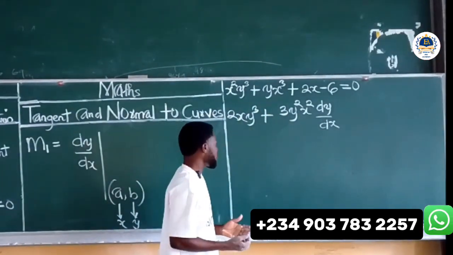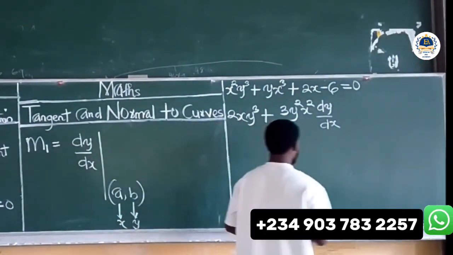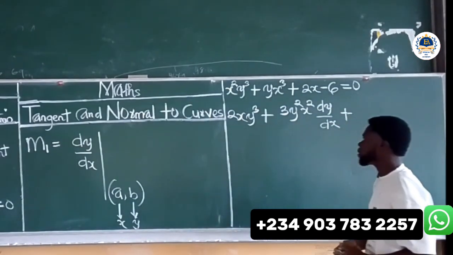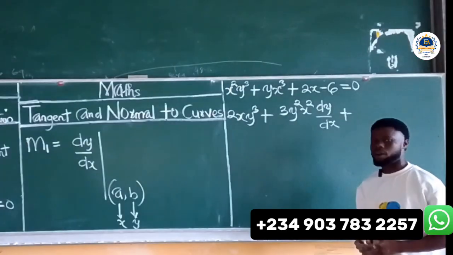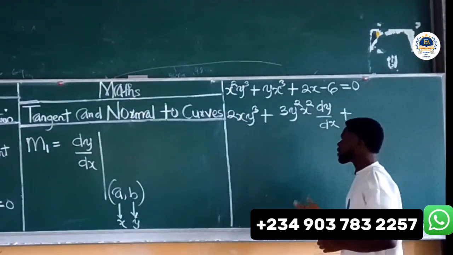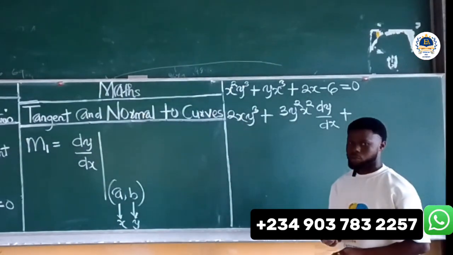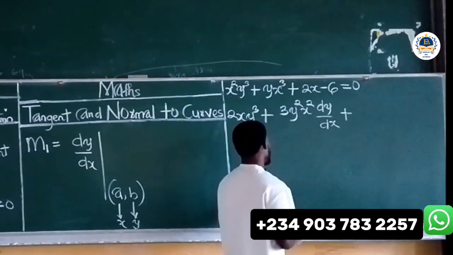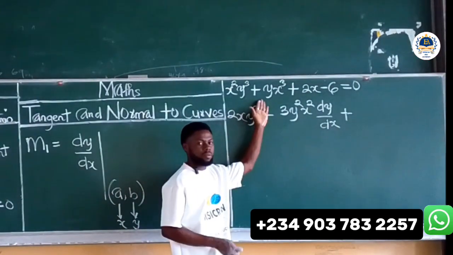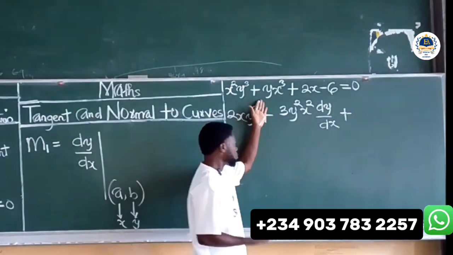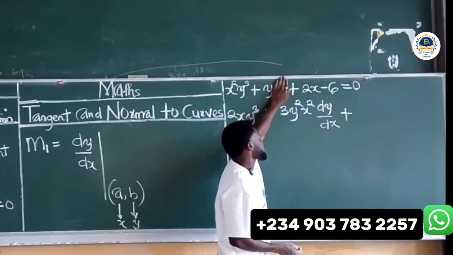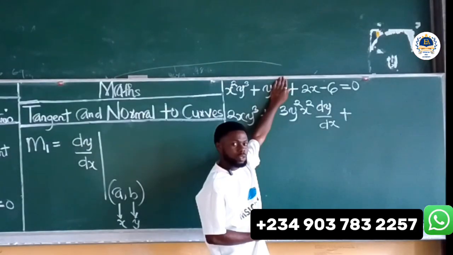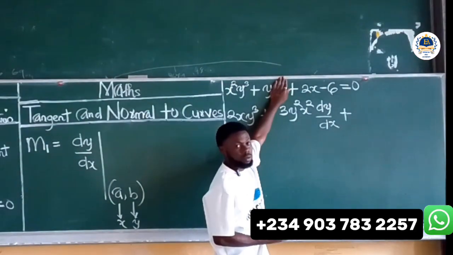Let us consider the next term. Now, in the next term, we have yx raised to the power of 3. The rule is that whenever we have two different variables, x and y, we are going to differentiate twice. So let's differentiate the first term, which is the y variable. If you cover x cubed, you are left with just y alone.